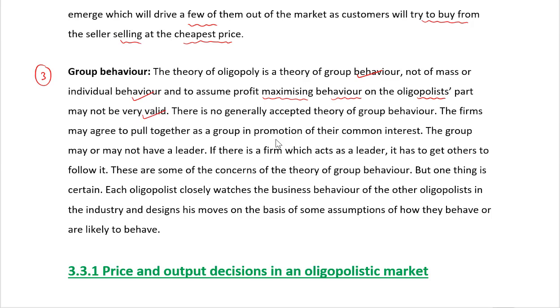The group may or may not have a leader. If there is a firm which acts as a leader, it has to get others to follow it. These are some of the concerns of the theory of group behavior, but one thing is certain: each oligopolist closely watches the business behavior of the other oligopolists in the industry and designs his moves accordingly, on the basis of some assumptions on how they behave or are likely to behave.